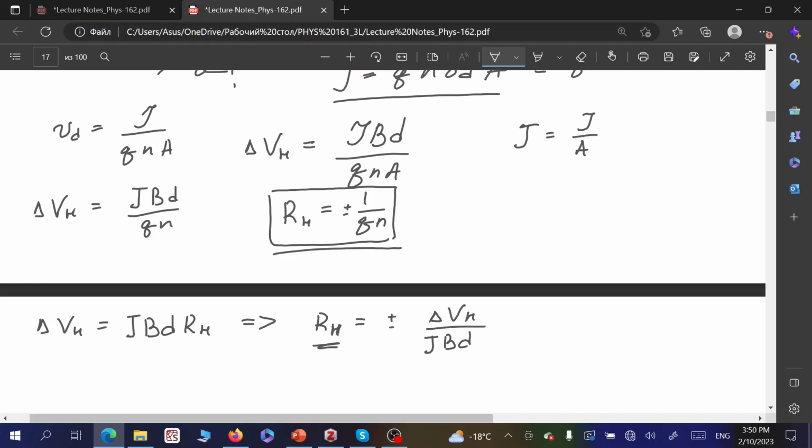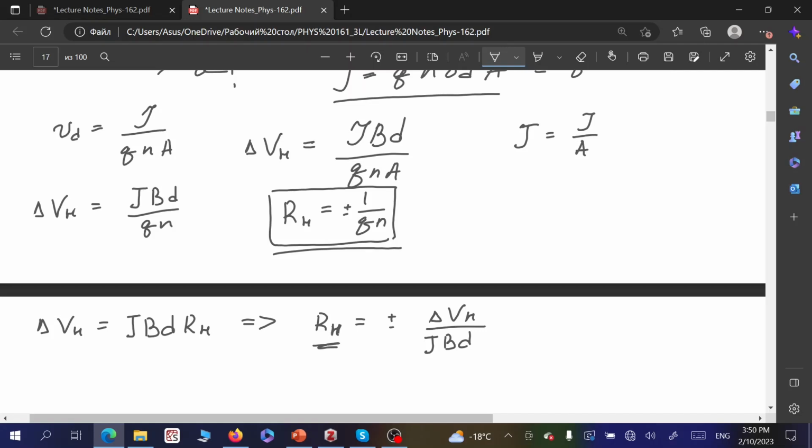And look here at this right side of the equation. We have the potential difference between the edges of the semiconductor. We can easily measure it. We have the current density, which we also easily measure. We know the magnetic field, and we definitely can measure the height of the sample, like the distance between these two edges. So on the right side, we can measure all parameters, so we can determine this Hall coefficient.